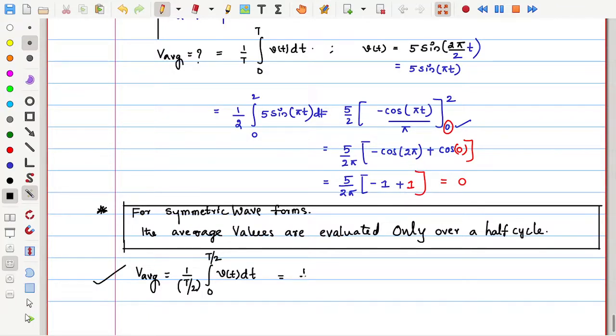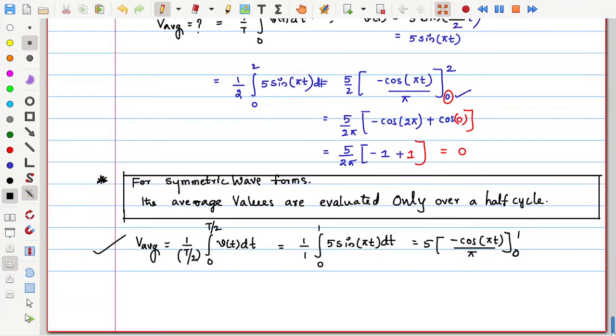So T by 2 is 1 second, 0 to 1 second, 5 sine pi t dt. Quickly evaluate how much we will get. This is 5 into the same expression, minus cos pi t by pi over 0 to 1.